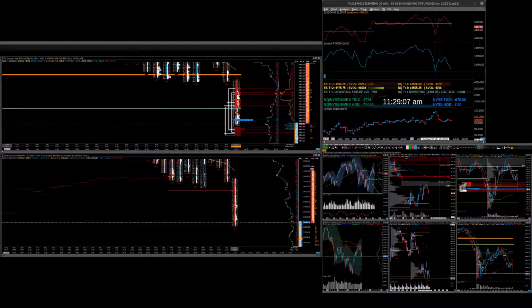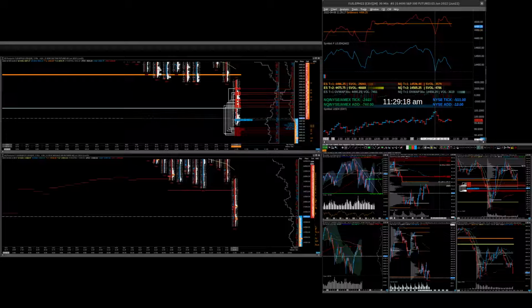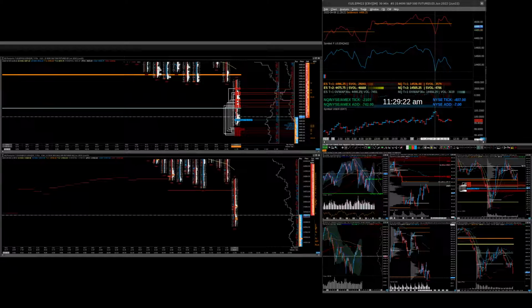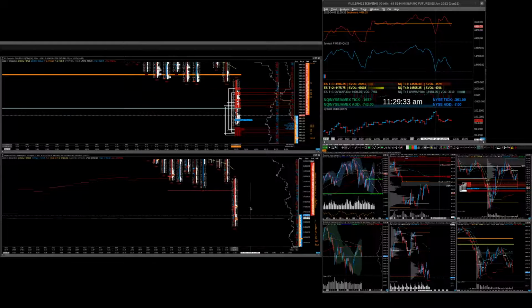Such a tight stop on a sim account. Let's see, is the sim account even up? No, it's down 1.98 points here. Pretty good size volume build here, both on the E-mini and the NASDAQ. A little bit of liquidity sitting down here.